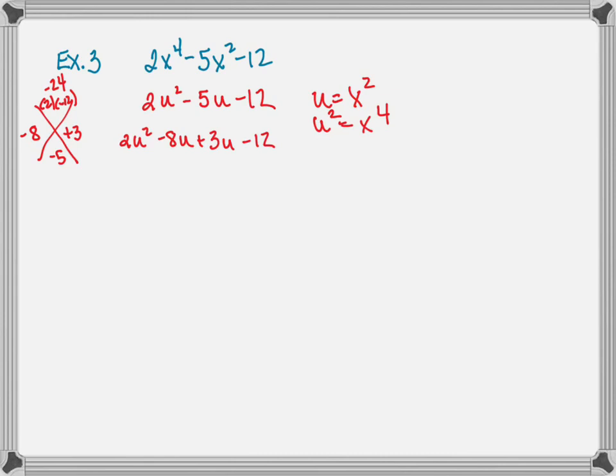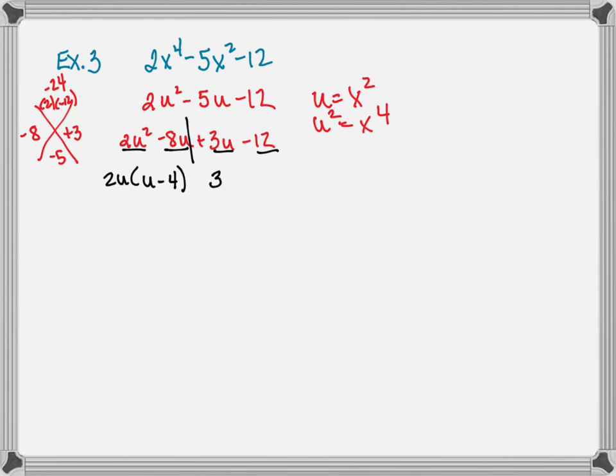So now using factoring by grouping, the GCF of my first two terms is 2u. 2u squared divided by 2u is u. Negative 8u divided by 2u is negative 4. And then let's look at our third and fourth terms. 3u minus 12, my greatest common factor is 3.